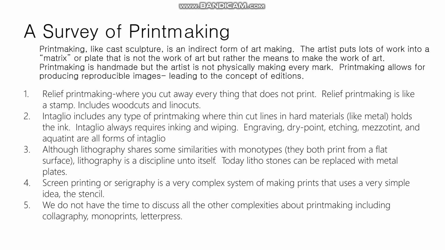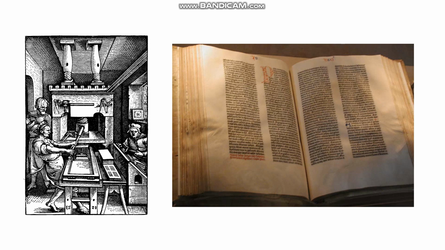And one of the things about printmaking, like bronze casting and the other indirect form of art that we've learned about, is that it does have the possibility of making multiples, and that becomes a very important part of printmaking later on. So to start with, we're talking about printmaking now because it is an extremely important part of Baroque art and of the late Baroque especially.